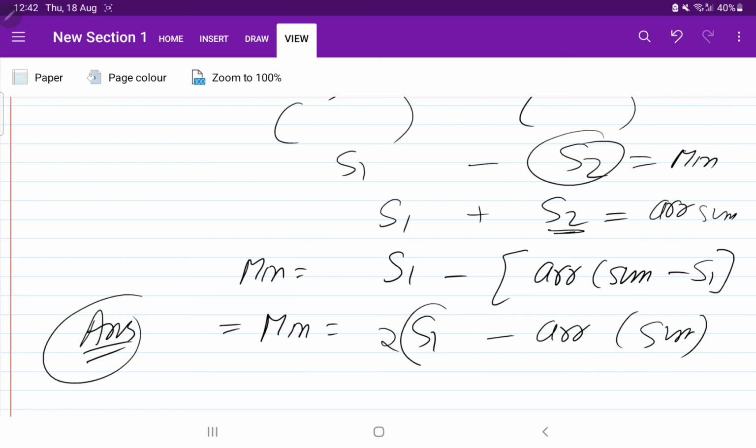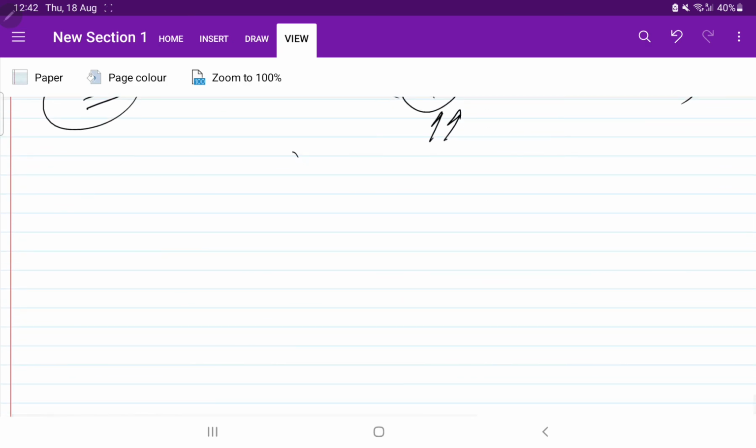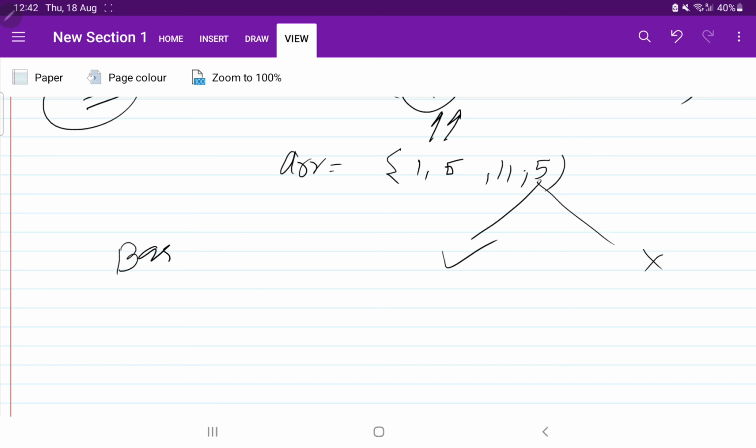Here we have only one variable, S1, so we need to take the decision on S1. The array was given like this: 1, 6, 11 and 5. For the recursive solution we need two things: the base condition and the choice diagram.